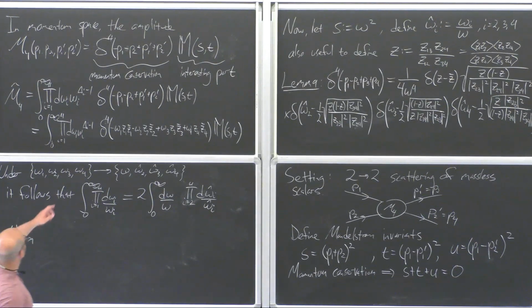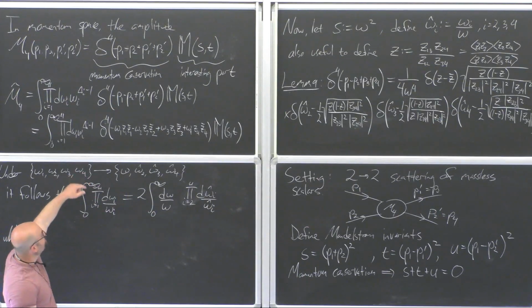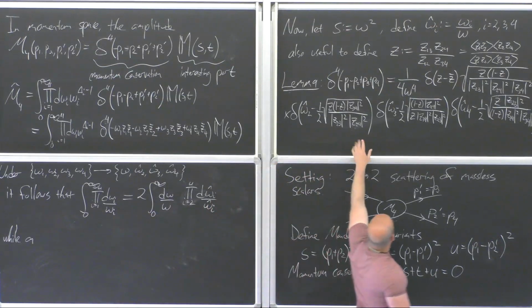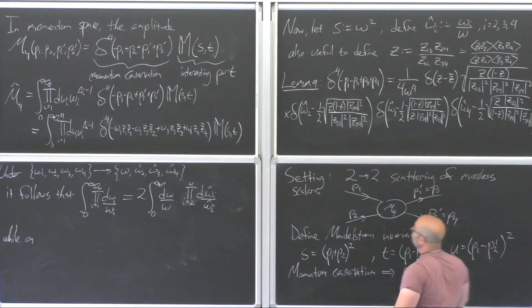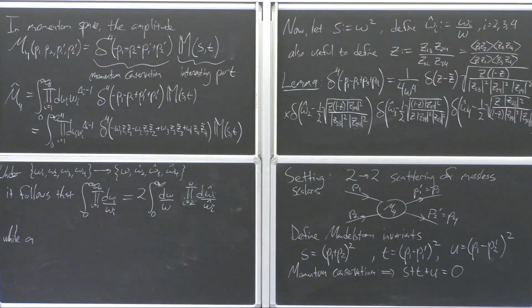Of course, this isn't the only omega dependence in the integral, right? We still have all of the omegas and omega hats in here, and everything going on in this factor, which we're being agnostic about for the time being.